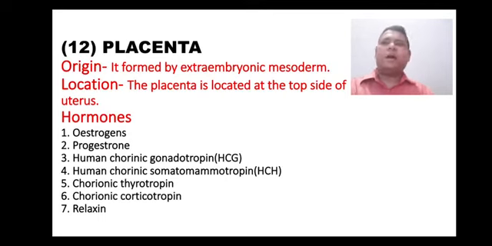Human placenta secretes some hormones like the estrogens, progesterone, HCG, human chorionic gonadotropins, and HCS, human chorionic somatomammotropins, and also chorionic thyrotropins, chorionic corticotropins and relaxins.